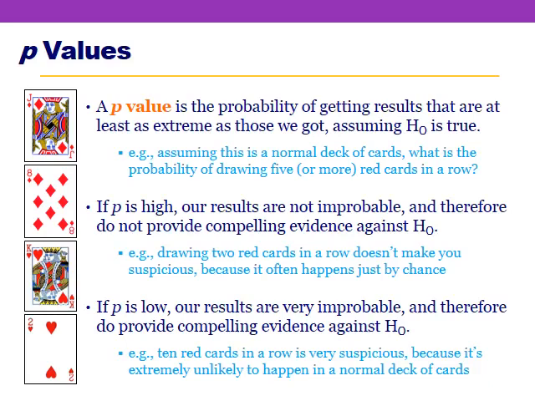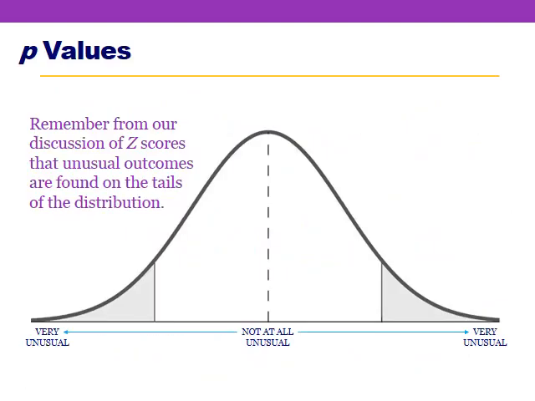But we still haven't quite answered our question. We know that if the p-value is large, that's telling us that the evidence is weak. And if the p-value is small, that means the evidence is strong. But how exactly are we going to define large and small? Remember from our discussion of z-scores that people who are unusual are found in the tails of the distribution, right?